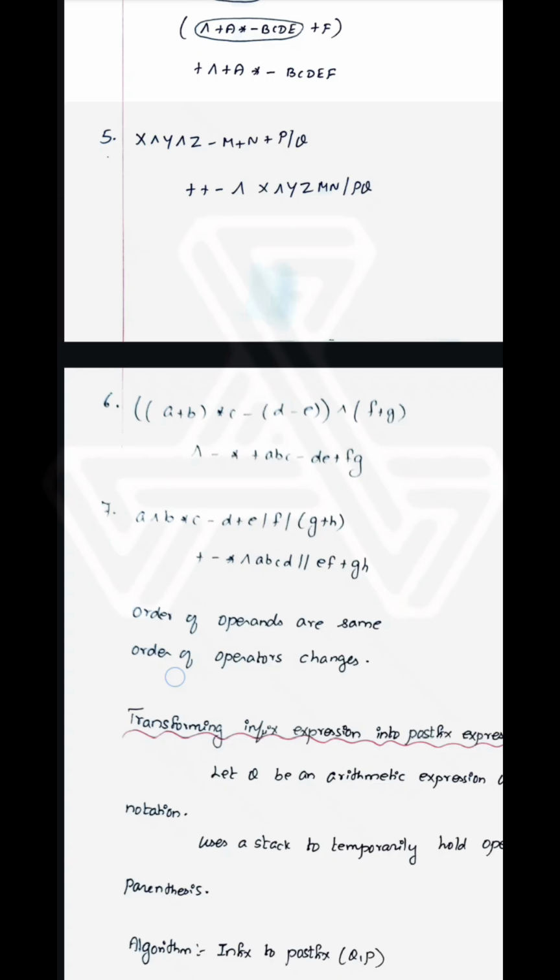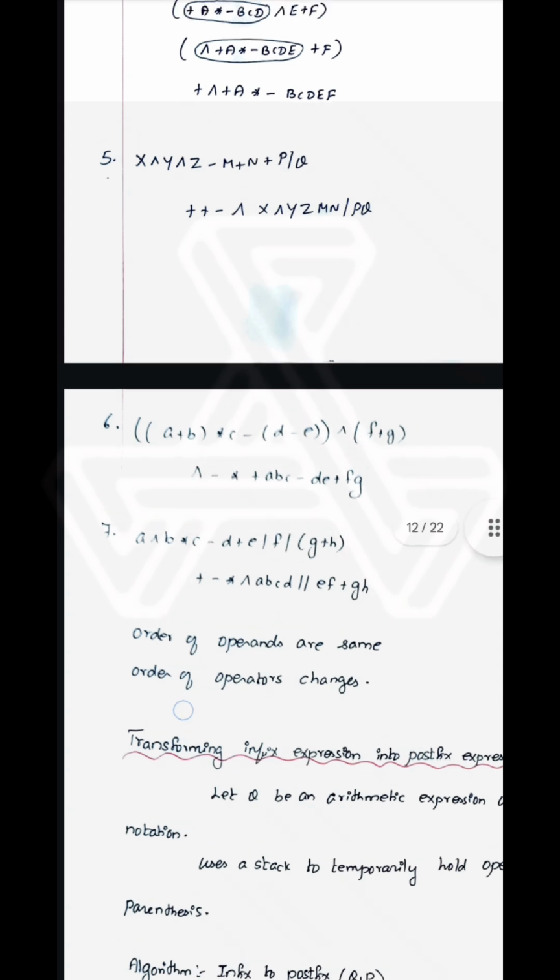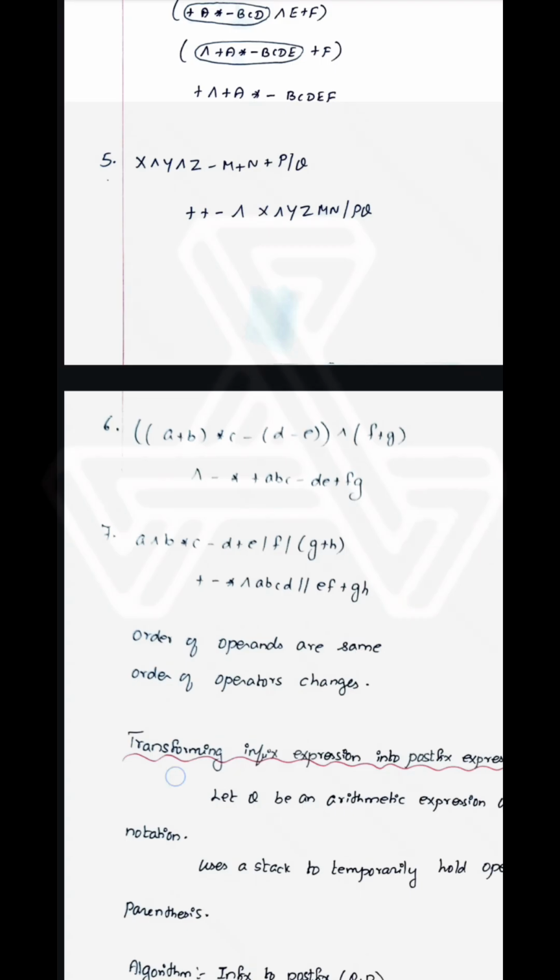First we go with x power y z, then power comes this side, power x power y z, then minus comes this side, then plus comes this side, then also plus, then pq.